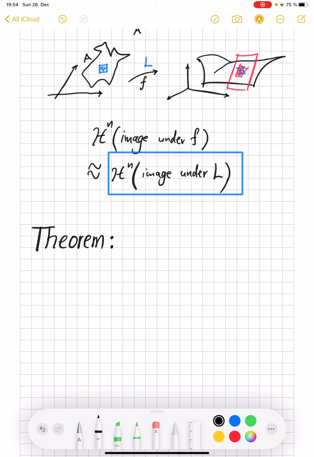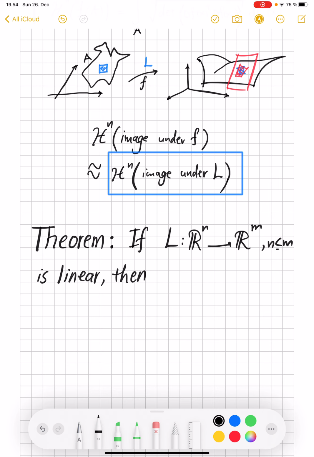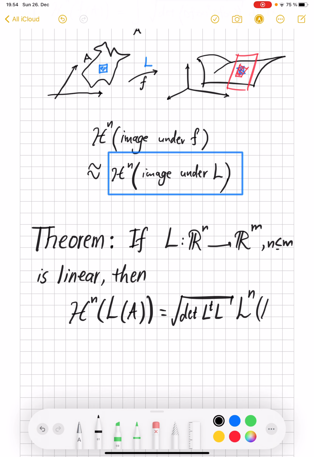If L from Rn into Rm, m is always bigger in the area formula, is linear, then Hn of L of A, the image of a set, is equal to the square root of the determinant of L transpose L times the Lebesgue measure of the set you started with, for any measurable A in Rn.